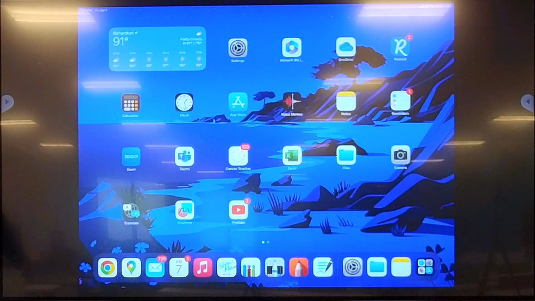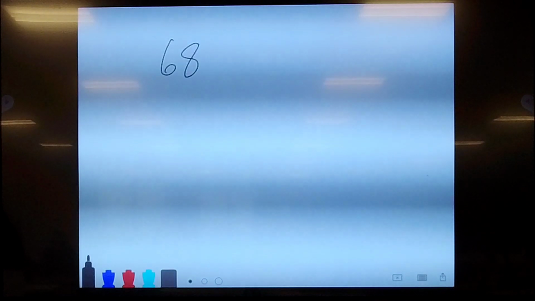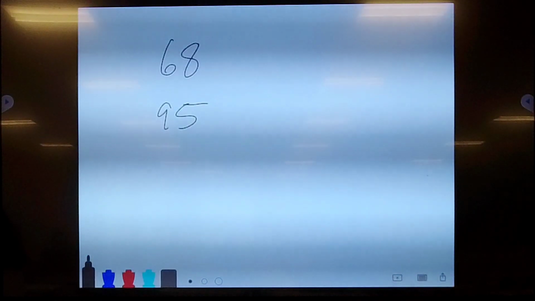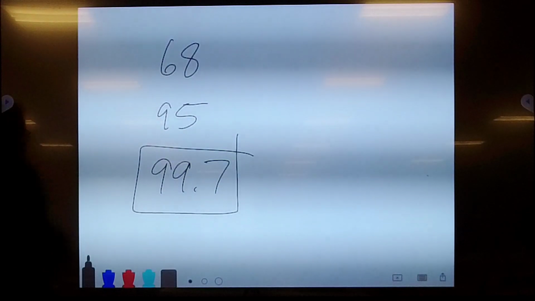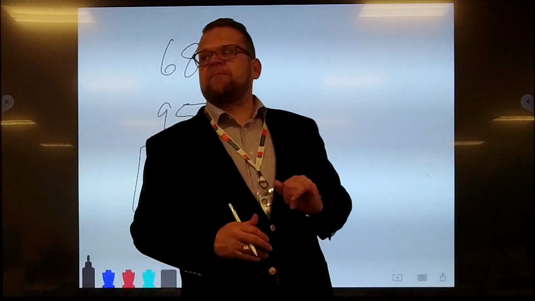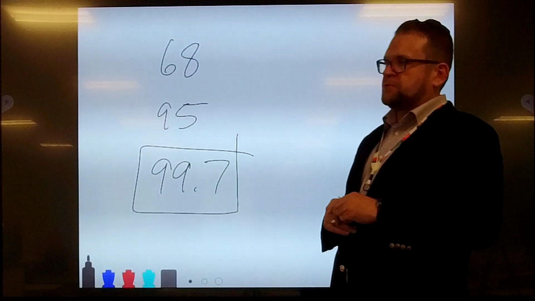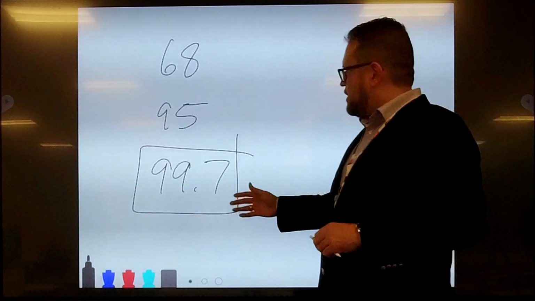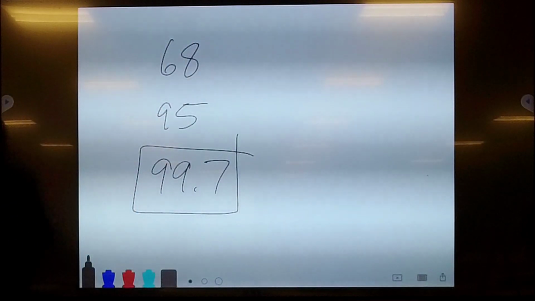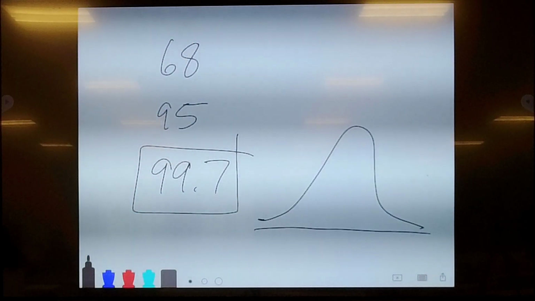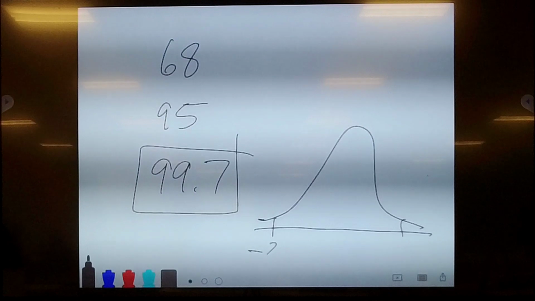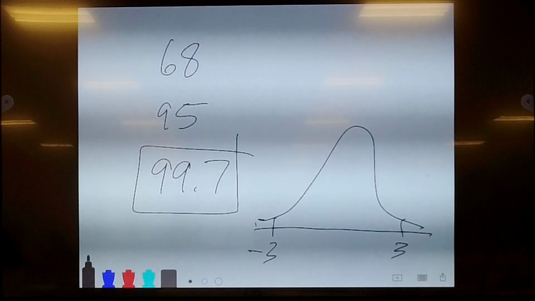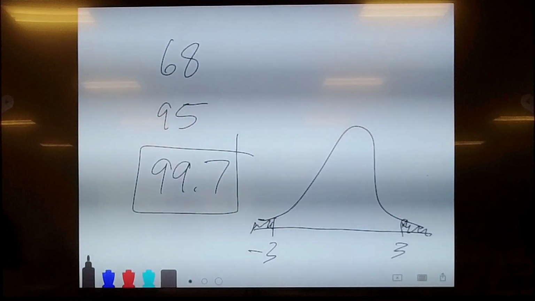It's 68, 95, and 99.7. If 99.7% of the observations are going to happen within 3 standard deviations, that's nearly all of them. That corresponds exactly to your normal curve here at -3 and 3. There's hardly any area out there.